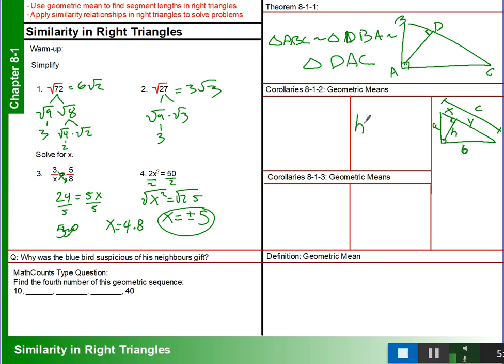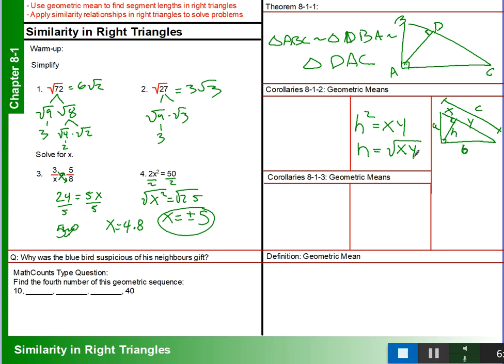We know that the height squared is going to be equal to the lengths of the two segments of the base, or of the hypotenuse, multiplied together. So similarly, we can say h is equal to the square root of xy.